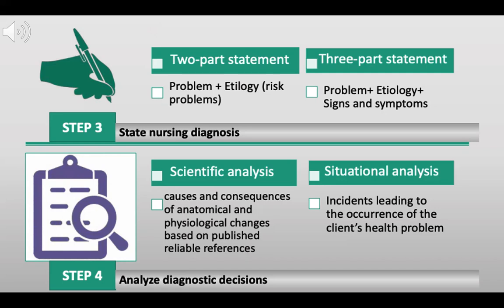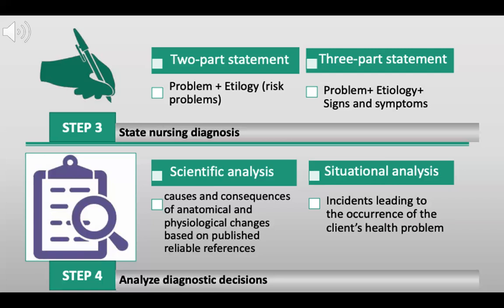All right? The fourth step of the nursing diagnosis is to analyze diagnostic decisions to prevent error, to make sure that the nursing diagnosis truly encompasses the client needs. The data should be verified with the client and the healthcare team, as we had mentioned in the previous discussion. Also, analysis of the client's response to illness should be made using reliable sources.